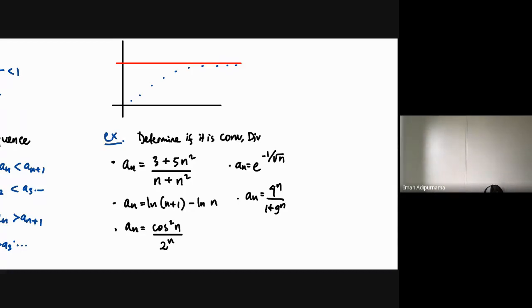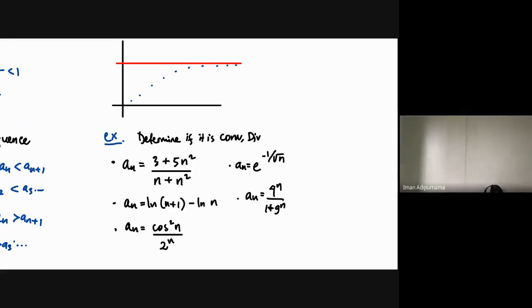Like the first one here, 3 plus 5n squared over n plus n squared. You can see from the terms here, it has n squared, and the bottom has n squared, so it will probably converge. You can always see what kind of limit it is from the pattern.